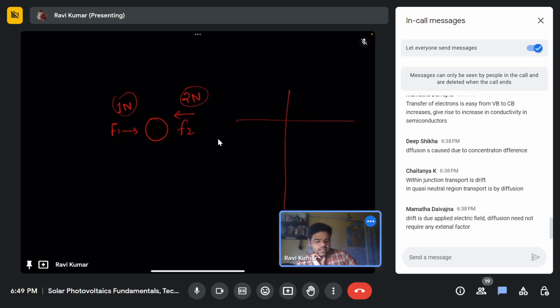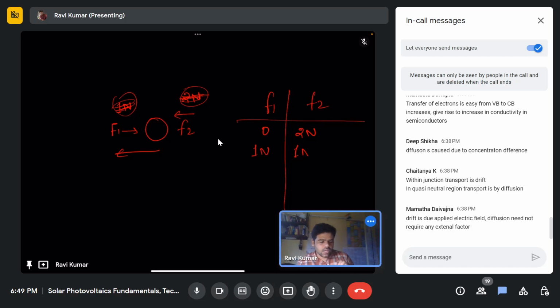I'll take a different scenario, F1, F2. Now just tell me, if F1 is 0 and F2 is 2 Newton, then what will happen? This ball will go in this direction. And if this is 1 and this is 1, then what will happen? This will remain. So it won't move.